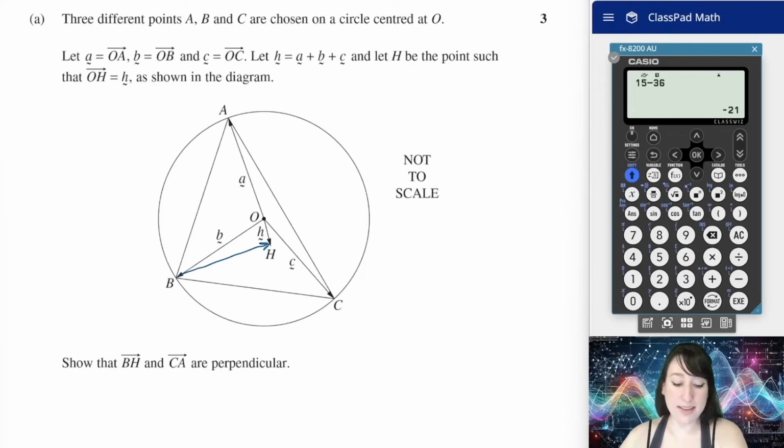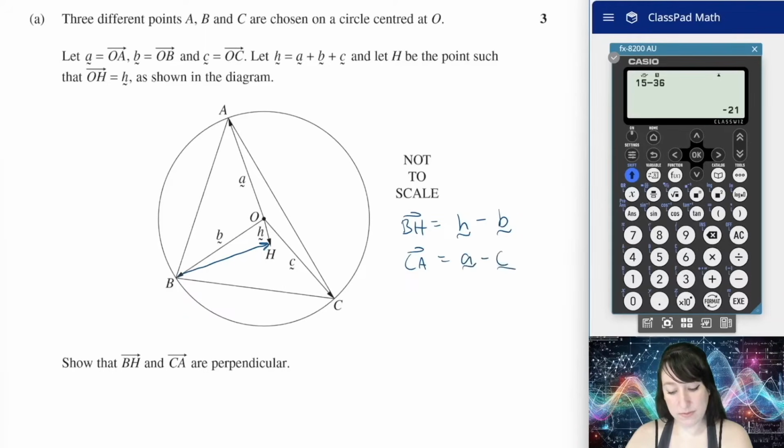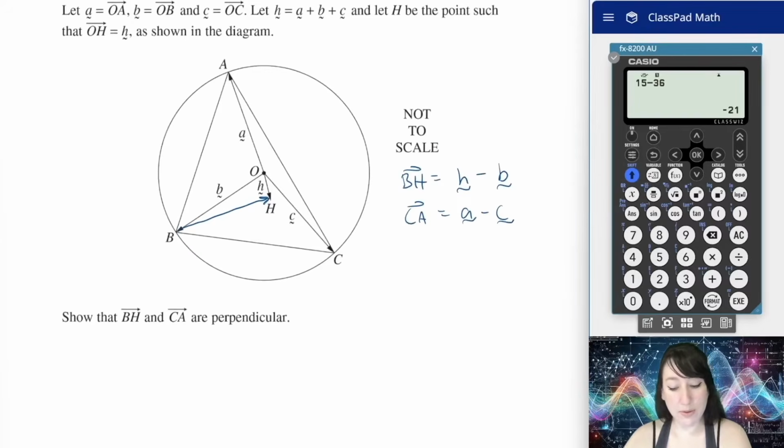So that means that BH is equivalent to vector H minus vector B. Similarly, CA is equivalent to vector A minus vector C. Let's also remember that vector H is equal to A plus B plus C.